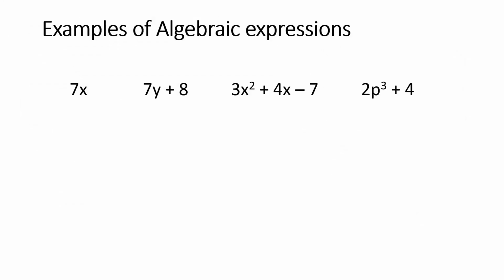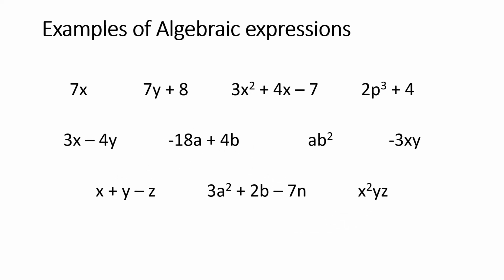Let's take some examples of algebraic expressions and then you will understand much better. Now, I have 7x, then 7y plus 8, 3x square plus 4x minus 7, 2p cube plus 4. If you observe this properly, 7x is made up of only one part.